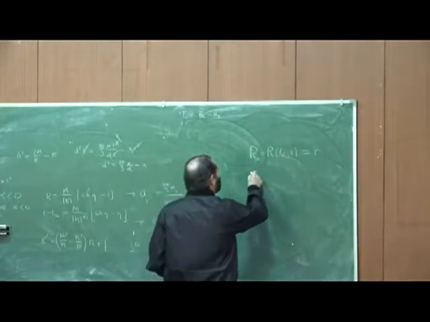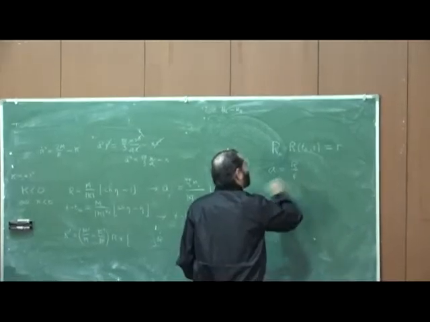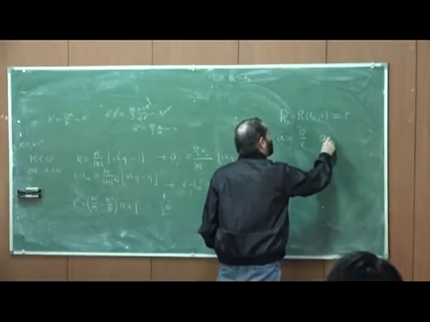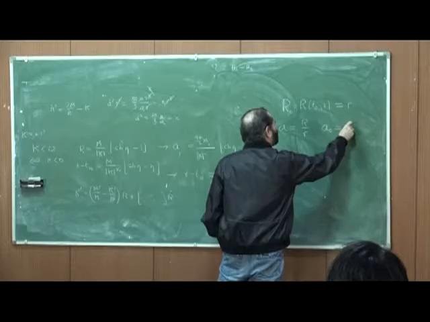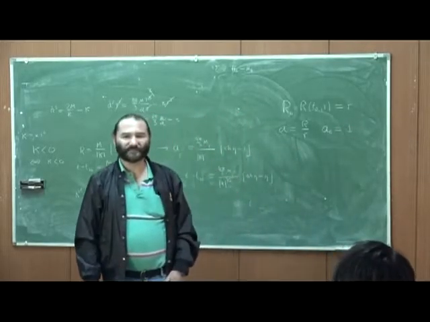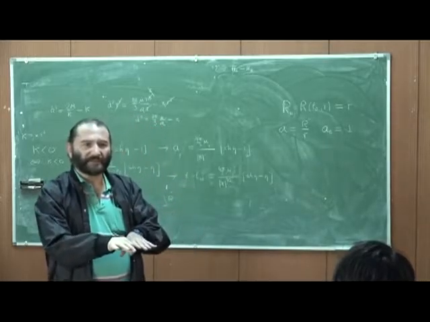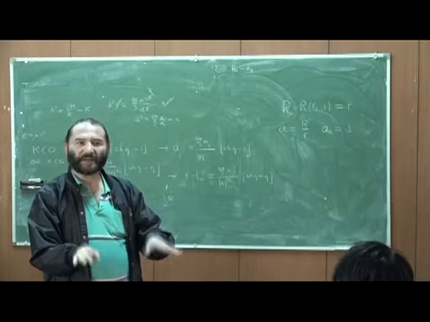So what is A? A is R over R. So what would be A0? This is a scale factor that in the initial surface becomes 1.